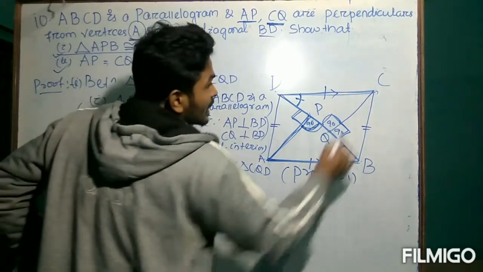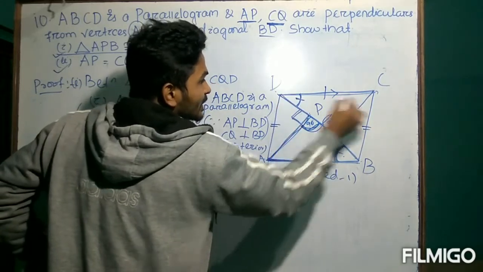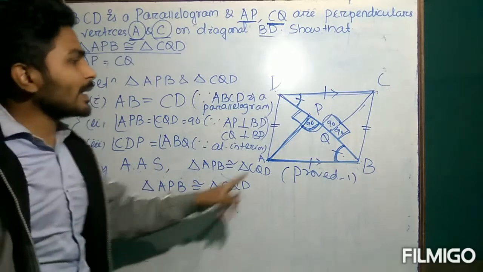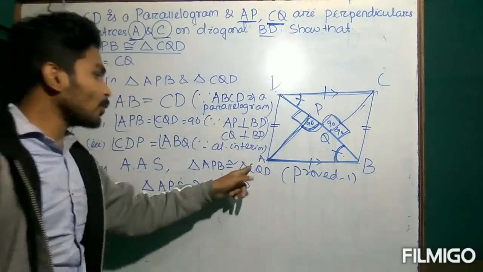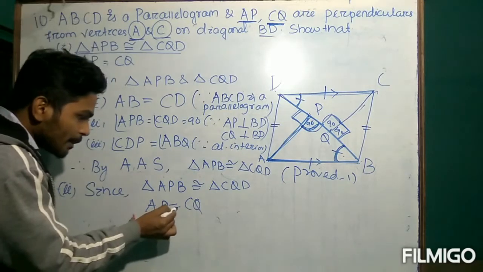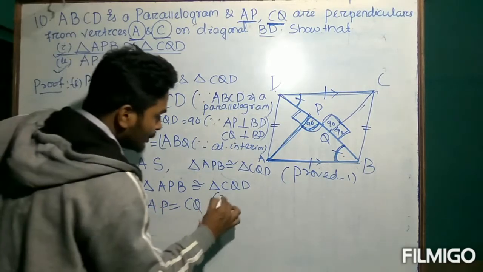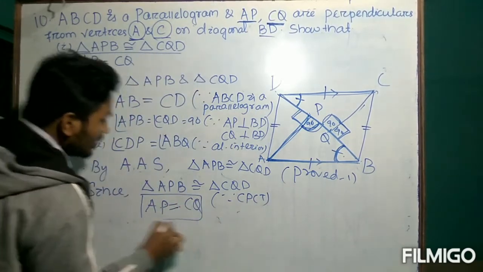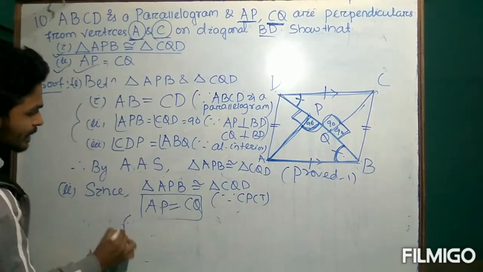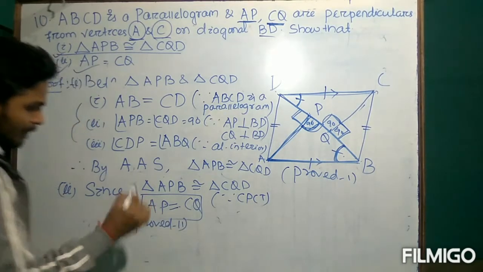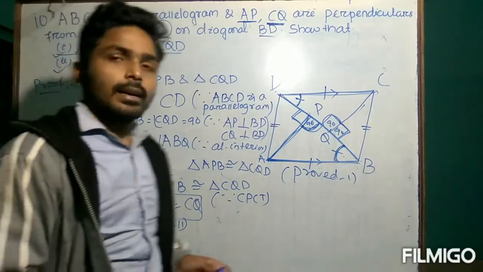For the triangle CQD, CQ is a side. Since these two triangles are congruent, their corresponding parts must be equal by CPCT. And here we have proved the second statement, that AP is equal to CQ. It is very easy to prove, right? Understood?